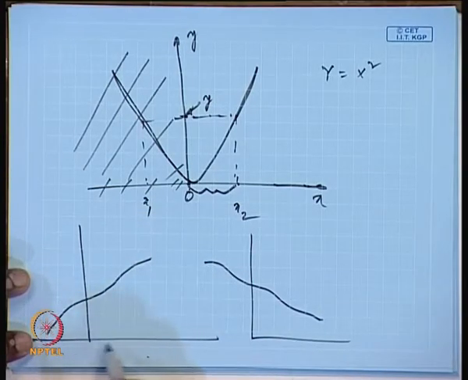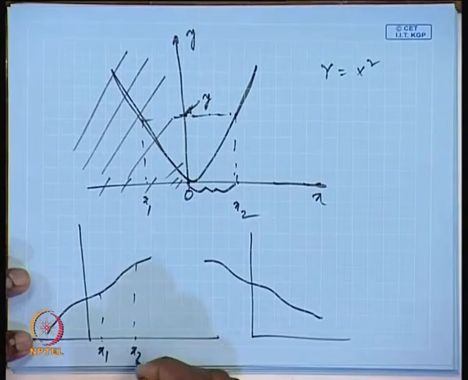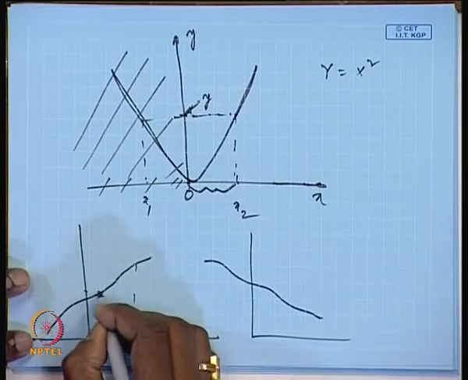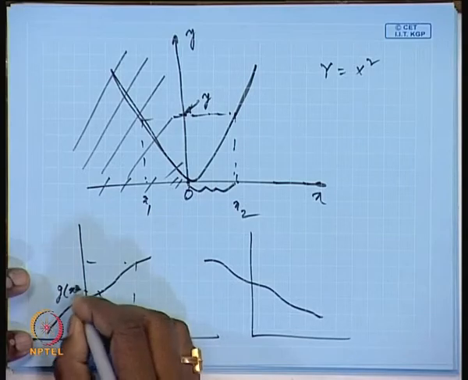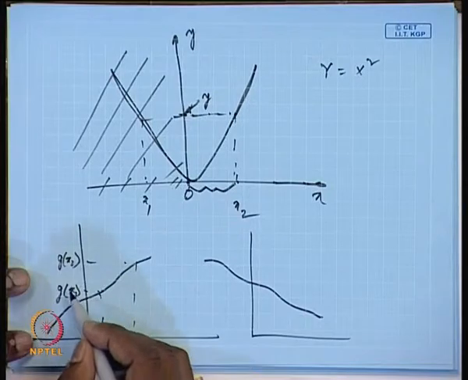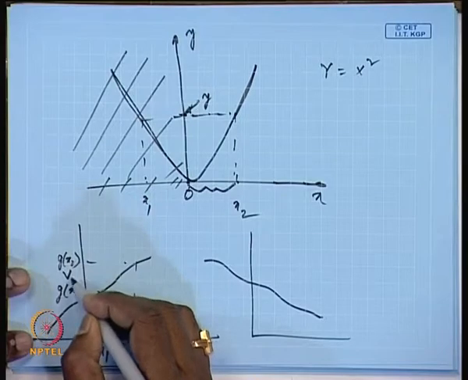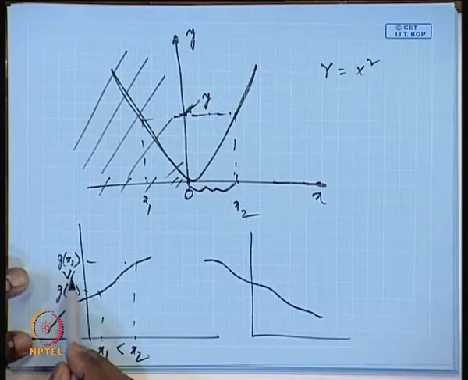So if this is the value x1 and this is the value x2, and x1 is less than x2, then this is g(x1) and this is g(x2), and g(x1) should always be less than or equal to g(x2).